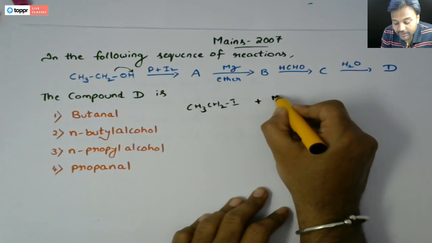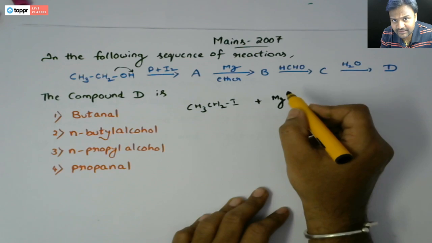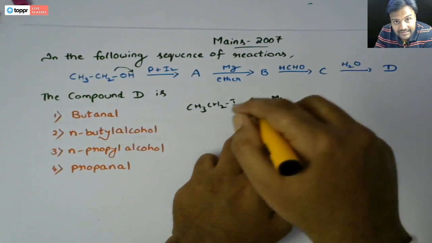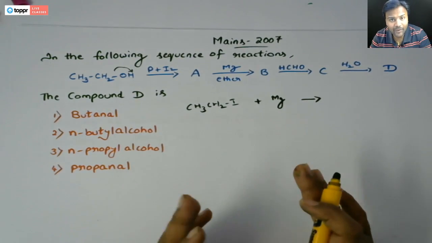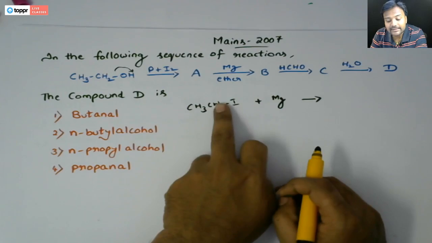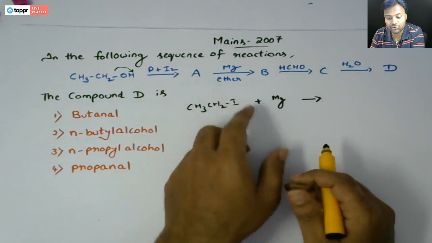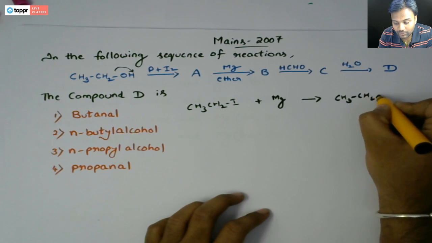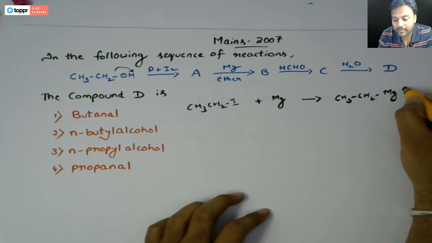This, when treated with magnesium, you have seen this, right? Magnesium undergoes insertion reactions because magnesium is a divalent metal. So it gets inserted between the alkyl group and the halogen, in this way: CH3CH2MgI.